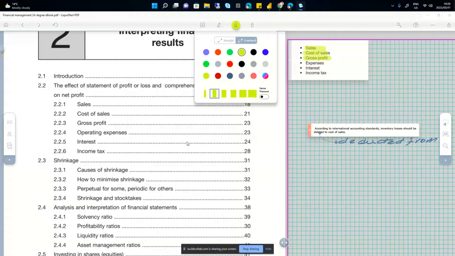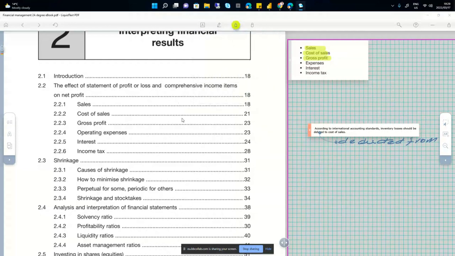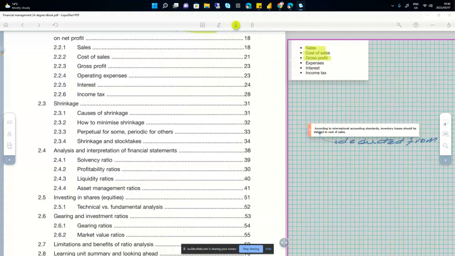One of those statements is the statement of comprehensive income, or you've touched on the balance sheet, that I'm pretty much sure, and you have touched also on the income statement, what we call the income statement. Income statement.